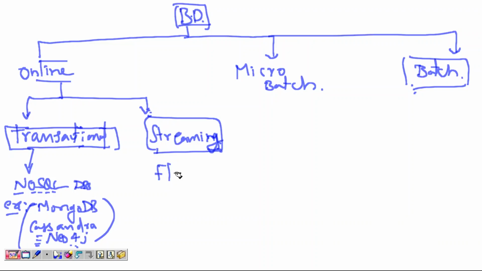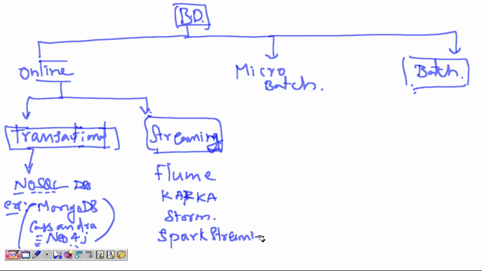That is Flume, Kafka, Storm, and Spark streaming, and even Trident.